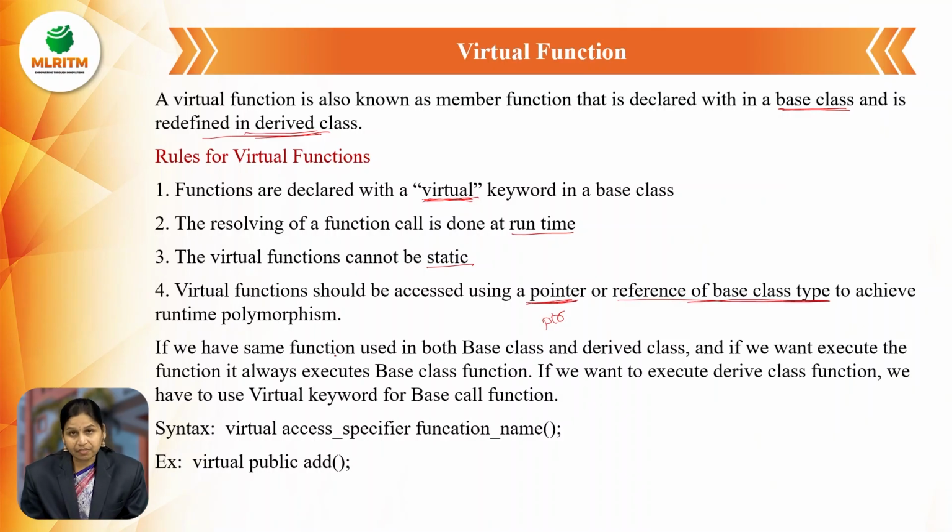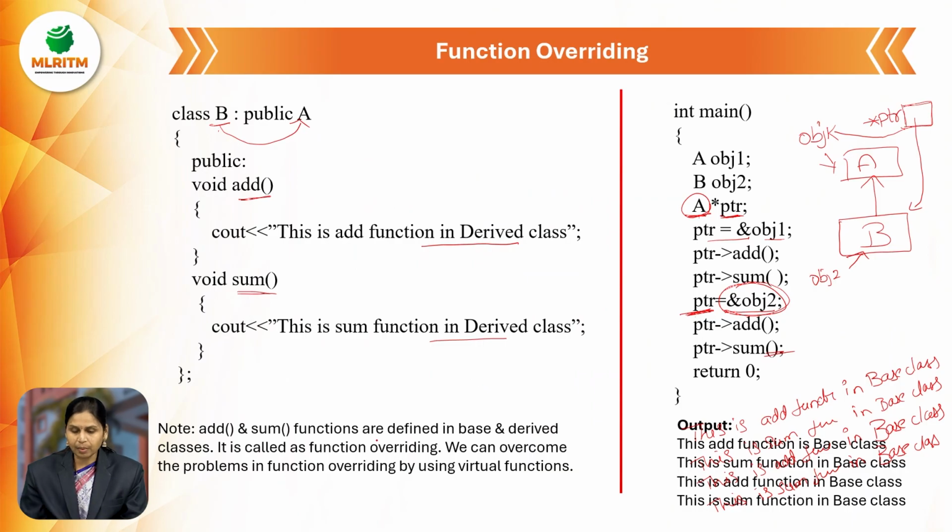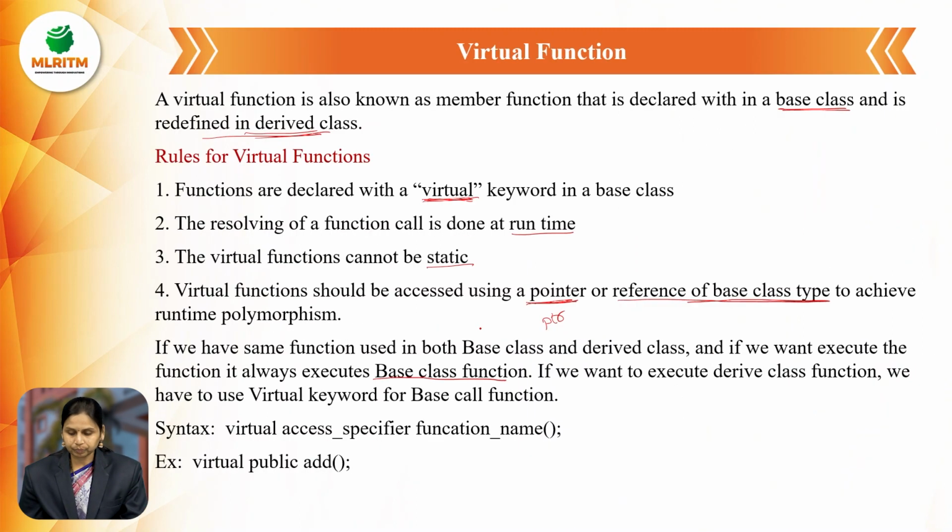If we have the same function used in both base class and derived classes, and if we want to execute the function, it always executes the base class function. This concept is discussed in this example. Here we are always getting the base class output only. We are not getting the derived class output.